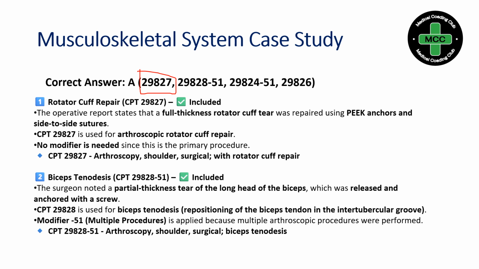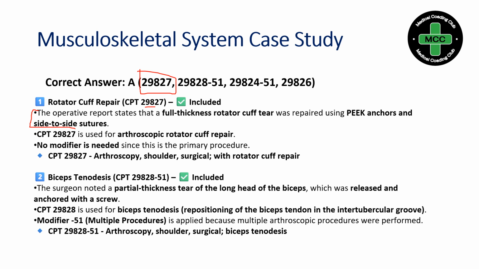Firstly, we are coding rotator cuff repair, that is 29827, where we found they are doing the repair procedure for the rotator cuff. At the beginning of the scenario they state that the full thickness rotator cuff tear was repaired using anchors and side to side sutures.